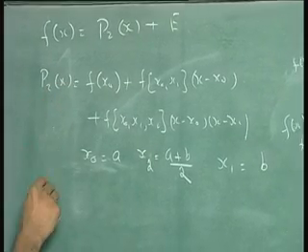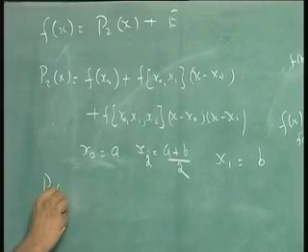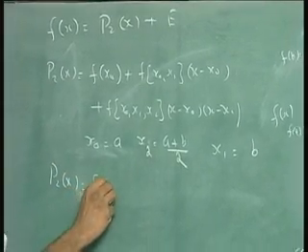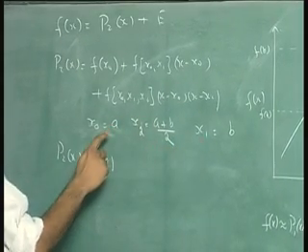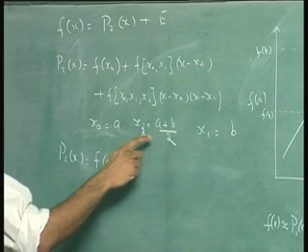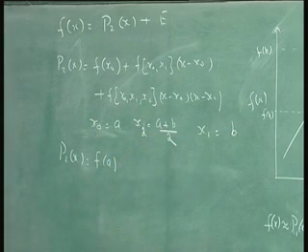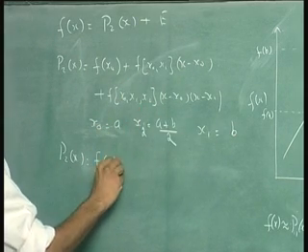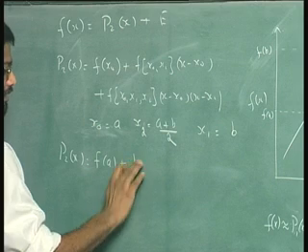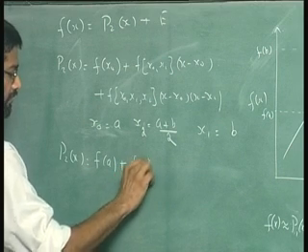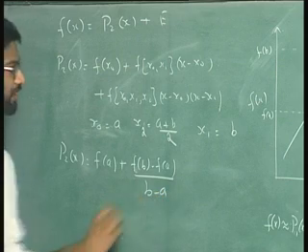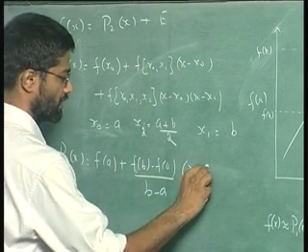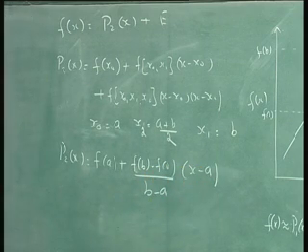So, then we can substitute that and write p2 of x now as f of a, right, and x1 is b. So, this term would be now (f of b minus f of a) divided by (b minus a) into (x minus a), right.